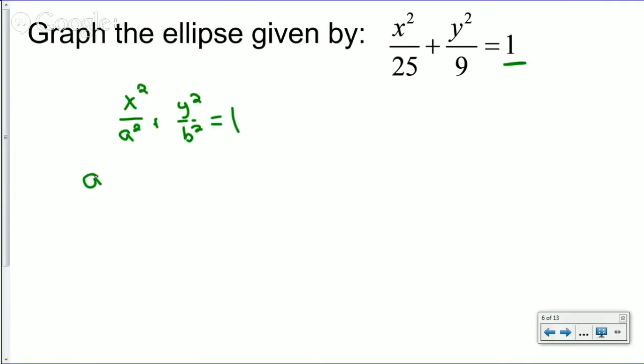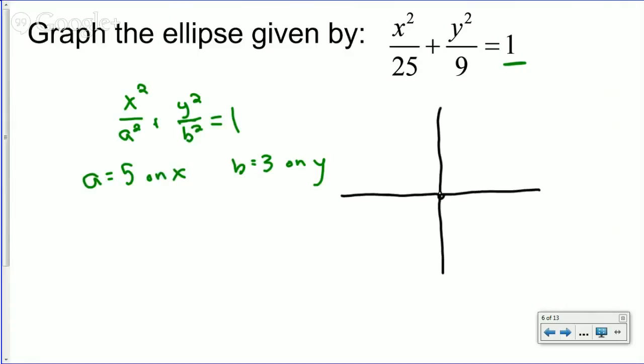So in this case, it's simple to see that a is 5, because 5 squared is 25, and that's going to go in the x direction. And b is going to be 3 in the y direction, simply because that's the letters they're under. So when we go to graph that out, my center is at 0, 0.